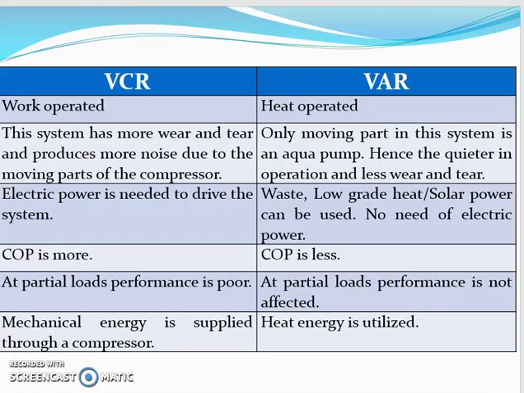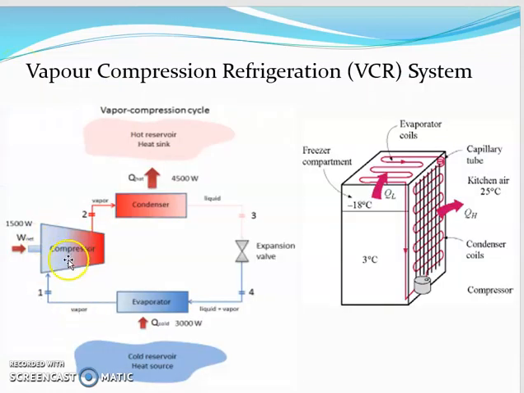Now if we discuss the differences between VCR and VR system, VCR system is basically work operated. Over here we need a compressor, which is a work consuming device. We need to supply energy to this compressor to raise the pressure, so it is mainly mechanical work.